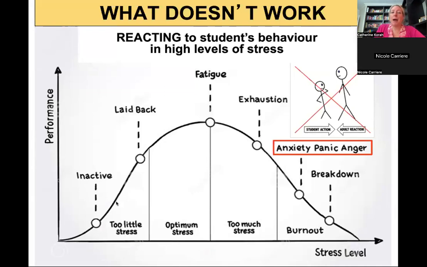And so it's about knowing where the child is at in the stress curve. If the child or student is at a place of high anxiety and panic, it's not the time to be talking to them and to try to validate. They're not hearing us.